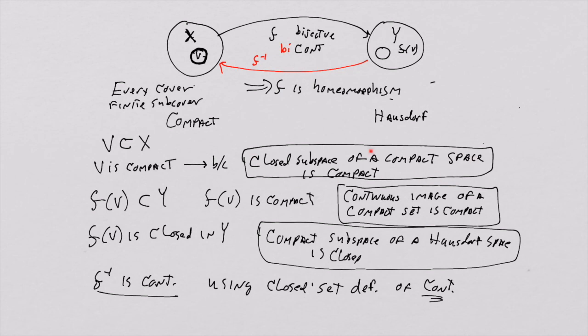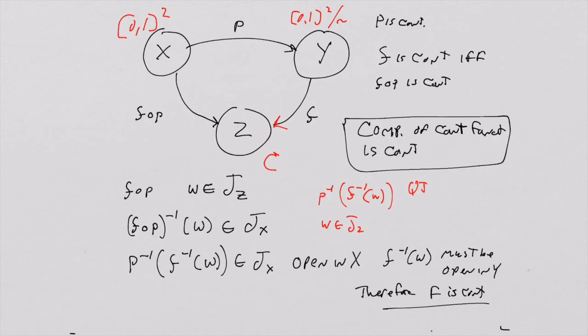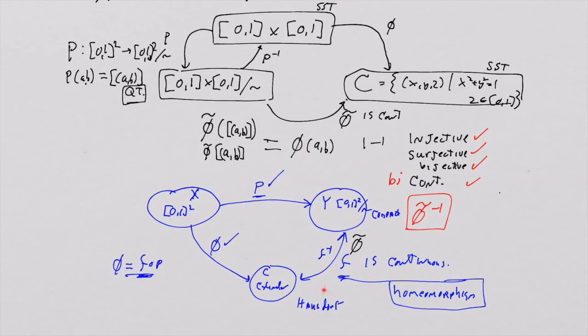You have to know the closed subspace of a compact space is compact. The continuous image of a compact set is compact. The compact subspace of a Hausdorff space is closed. These are all facts from topology that aren't proved idly. They're proved for this purpose. And the ultimate goal is to be able to assert things like a cylinder is a quotient space.